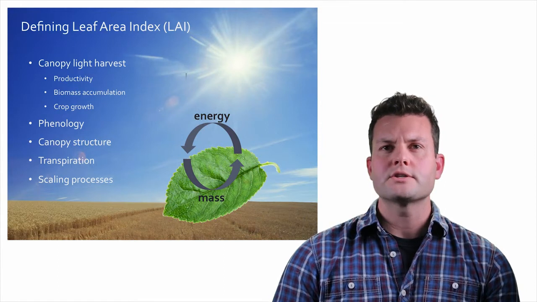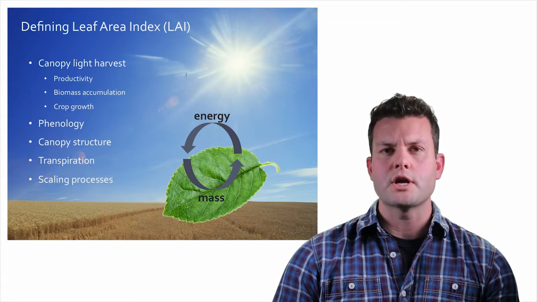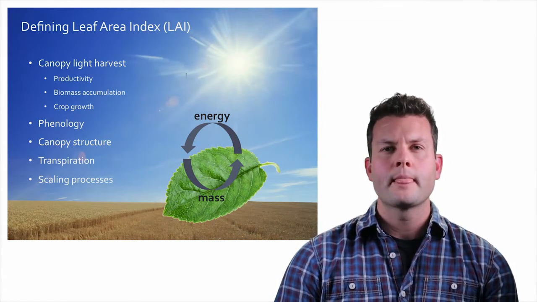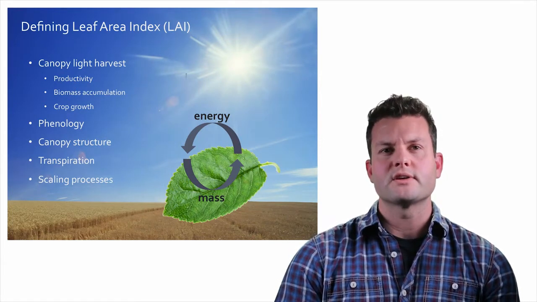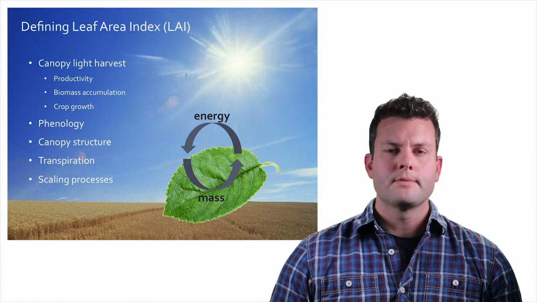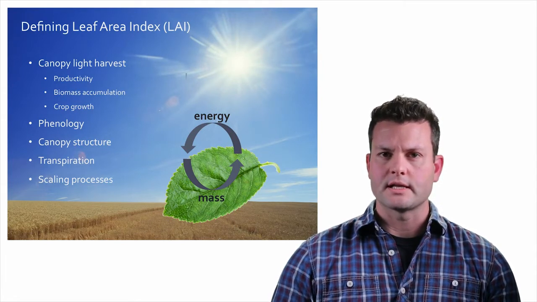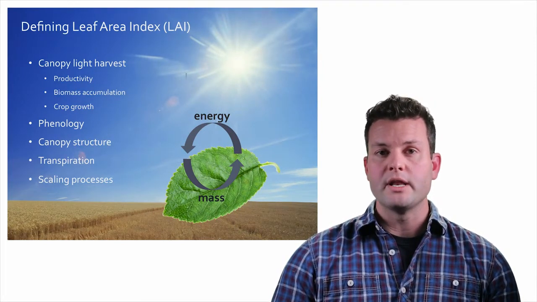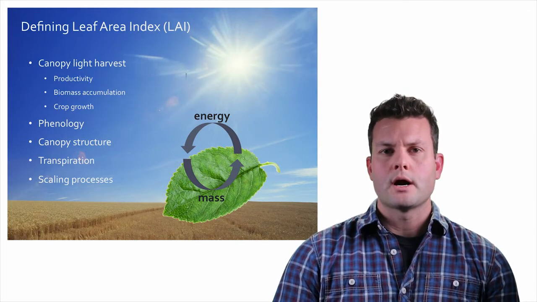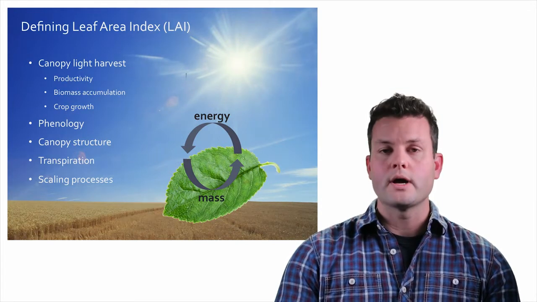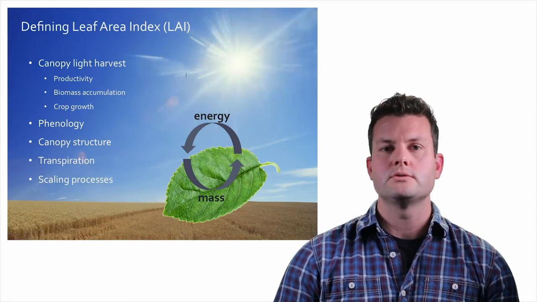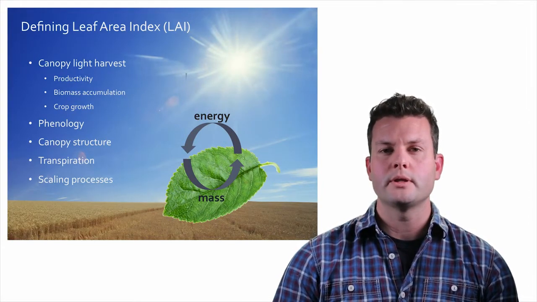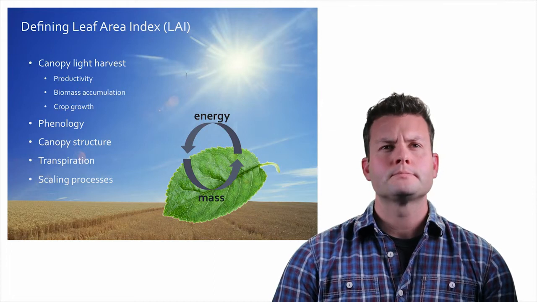And those interactions occur in the exchange of both mass and energy. So you can imagine that if we understand these processes at the leaf level, and if we know how many leaves are in a canopy, then LAI gives us a really convenient method to scale these processes to the canopy level and beyond.